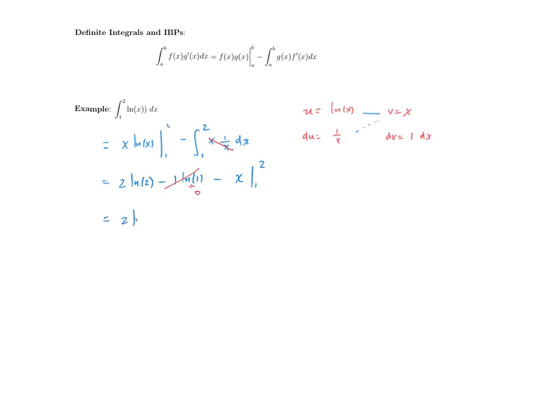We have 2 natural log of 2 minus, we substitute in x is 2, minus, substitute in x is 1. Which gives us the value of our definite integral as 2 natural log of 2 minus 1. So just to recap, when it comes to evaluating definite integrals in integration by parts, it's simply a matter of making sure to evaluate appropriately.